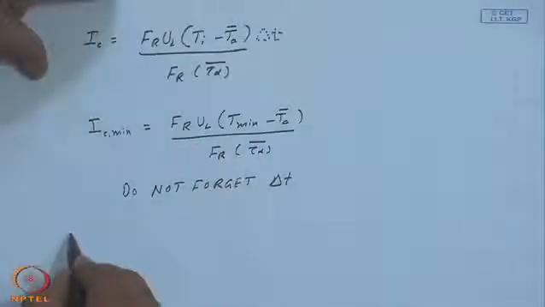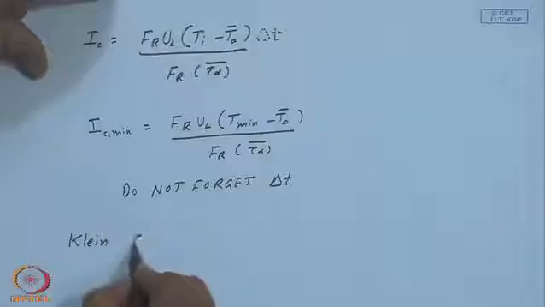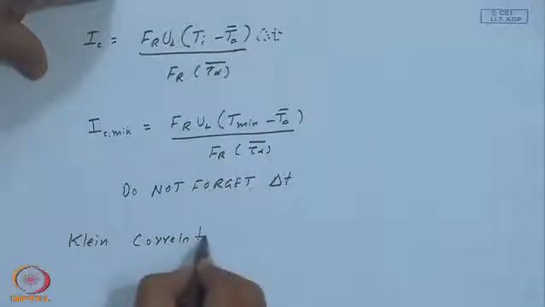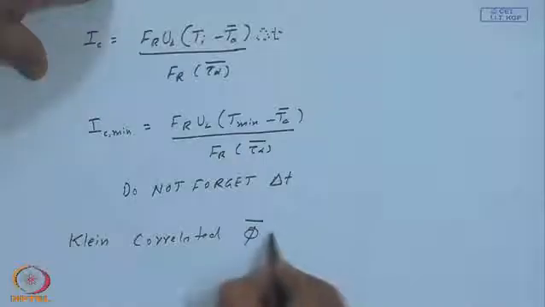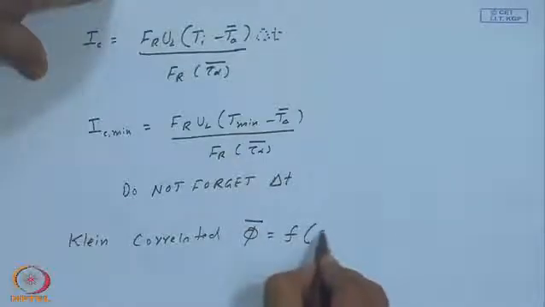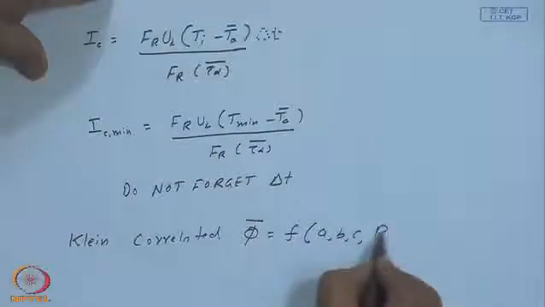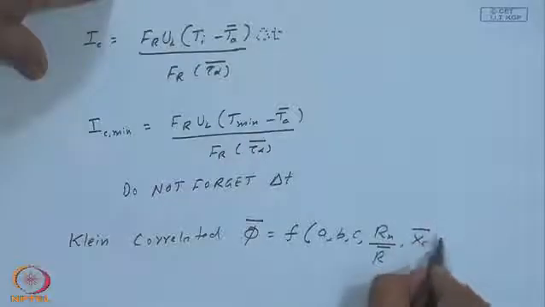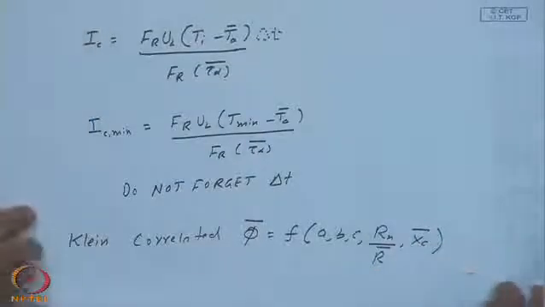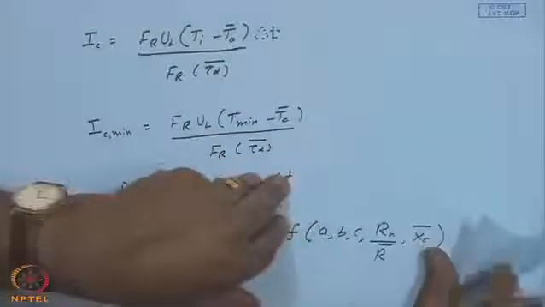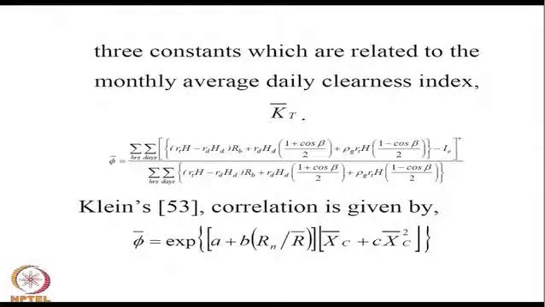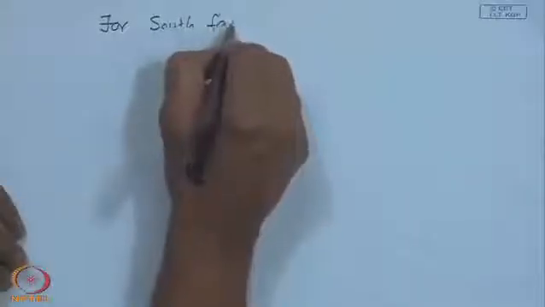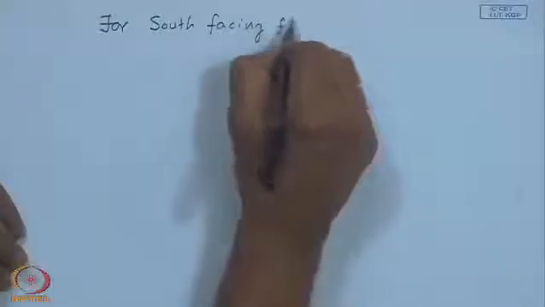So, we have already stated that Klein correlated phibar as a function of three constants A, B, C, a geometric factor R n by R bar, and a non-dimensional critical radiation level x c bar, for south facing flat plate collectors.